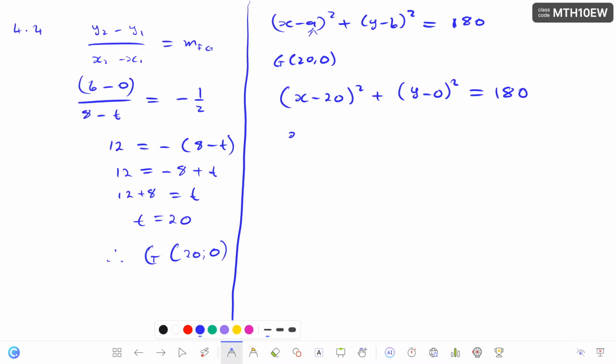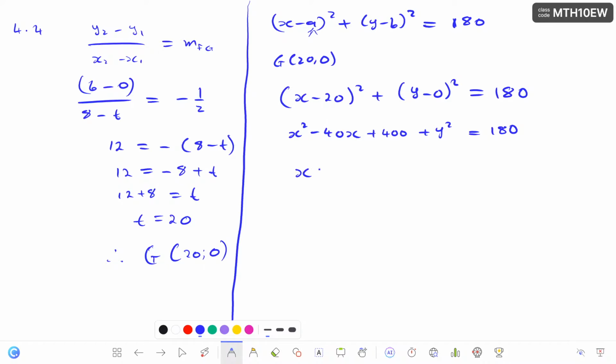So this one is the same as x squared minus 40x plus 400 plus what? y squared is equal to 180.